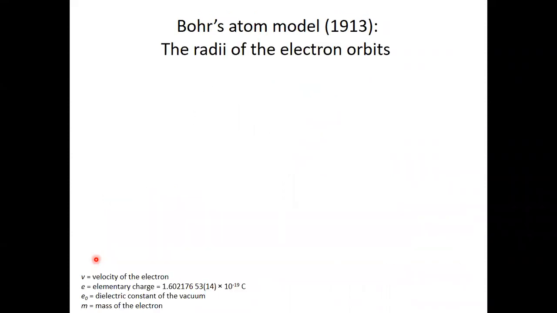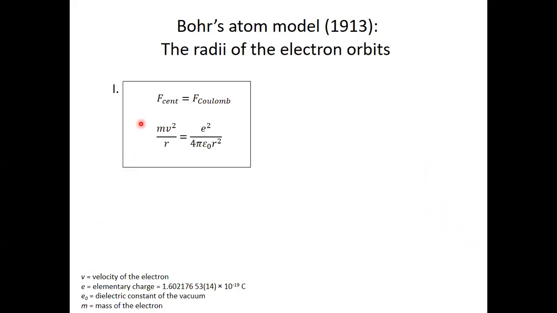Okay, so let's first calculate the radii of the electron in the orbit of the hydrogen atom. So we are making two assumptions here, the first one being consistent with Bohr's first postulate, which says that the centrifugal force is equal to the Coulomb force.